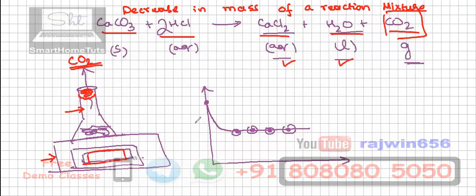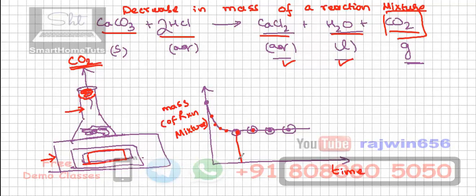So this is the graph that is shown over here on the right hand side. The x-axis obviously is the time, and this is the mass of reaction mixture. Because carbon dioxide is escaping out, slowly the mass of the reaction mixture is decreasing. At a certain point, there will be no change in the mass of the reaction mixture.